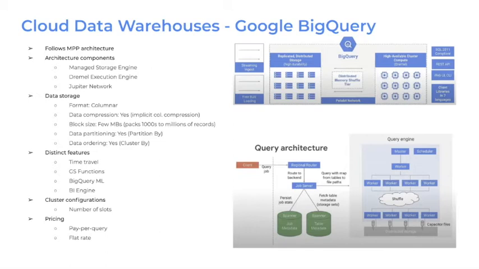The BigQuery design provides a very distinct feature which is not available, say, in the case of Redshift, which is time travel. Time travel is a feature wherein BigQuery is able to track each and every change happening to a table in the system atomically.